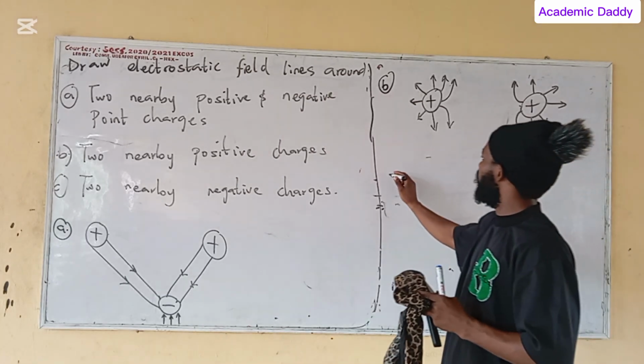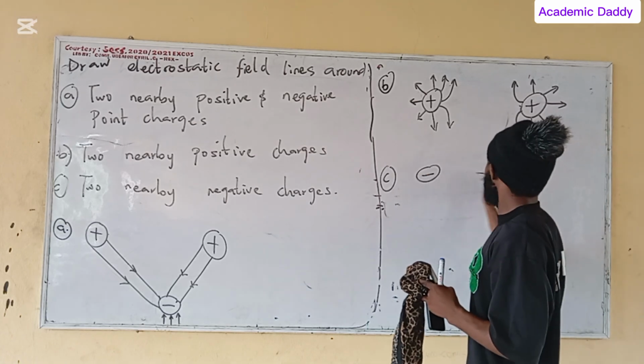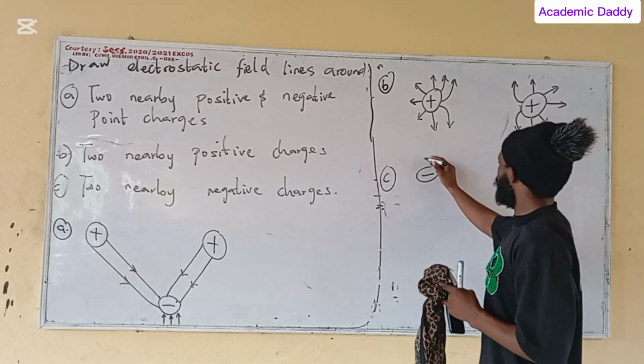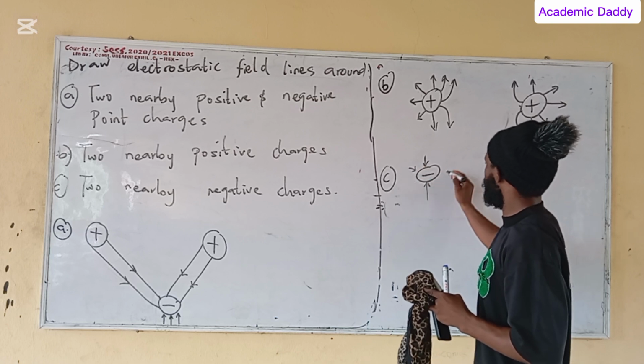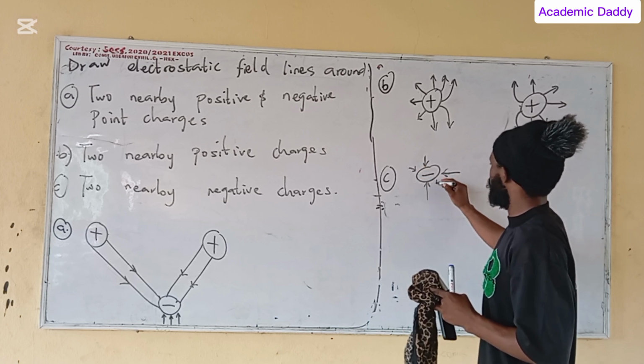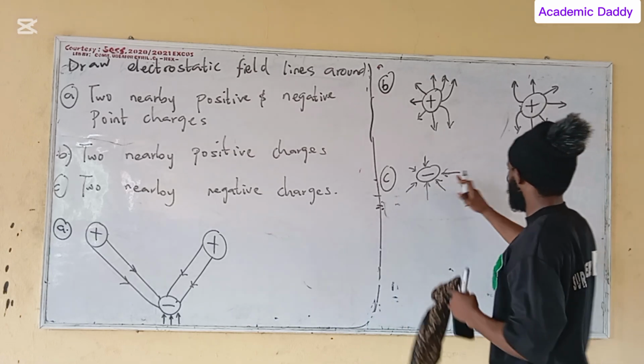While for two nearby negative charges, C, once you place this and place this, it's not like when you are showing the negative, everything goes inside. It's not like only negative going inside or this way. No, because there's a charge here, as they are trying to contribute, they will repel.